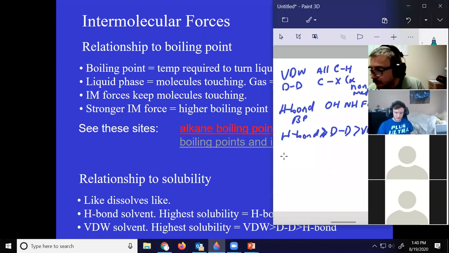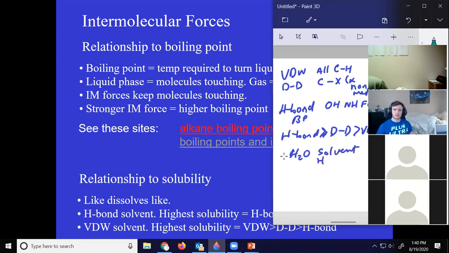And those would be water as a solvent, and that's going to be hydrogen bonding because it's all OH. And then we've got, say, C6H14 or something like that. Could vary, but that one is going to be van der Waals.